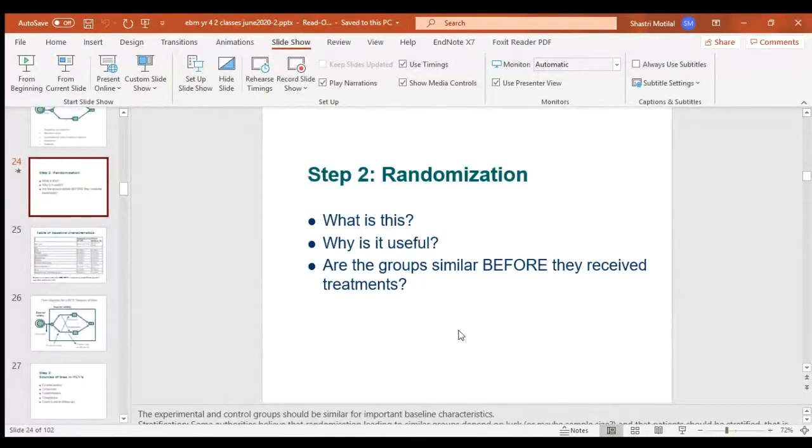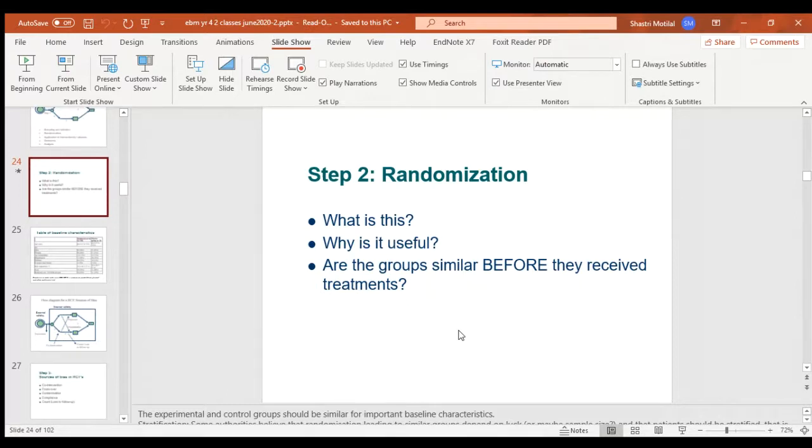Why is this useful? The idea in randomization, when you have your whole group of 100, when you break them up into two groups of 50, you want those two groups of 50 to be very, very identical. You want the groups to be very, very similar so there are no differences between the groups before they get treatment.